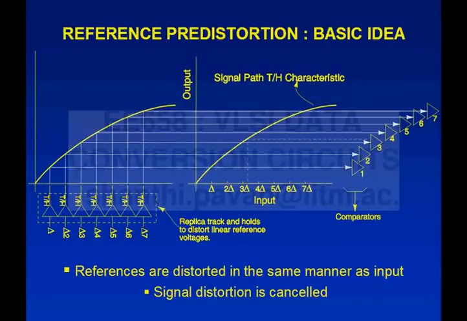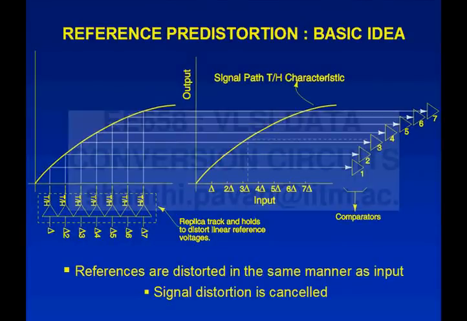So if the references were uniform, if the input was between 3 and 4 delta, we would find that only the first 2 comparators would flip. Now, what if the references were moved? Let's say we magically knew the characteristic of the track and hold. If we pre-distorted the references by exactly the correct amounts, then in principle distortion can be eliminated.